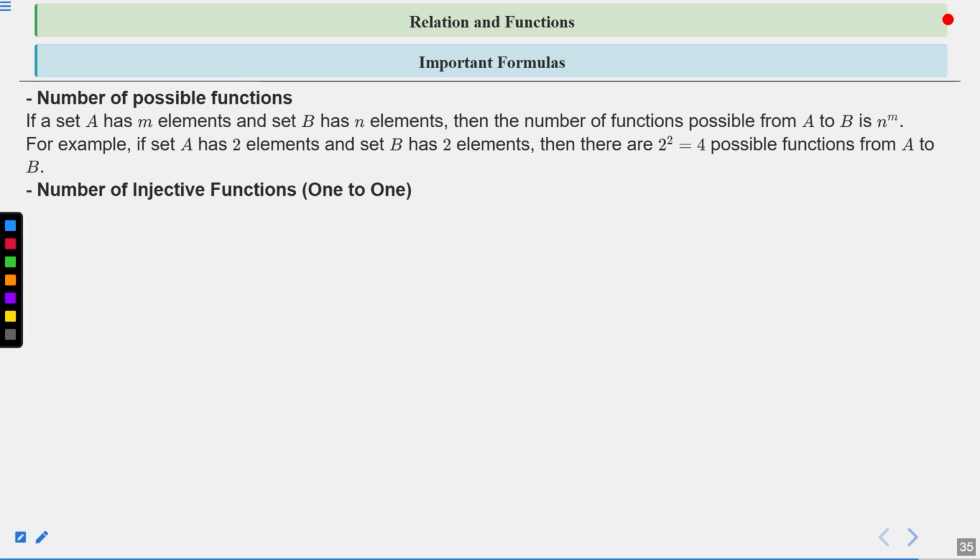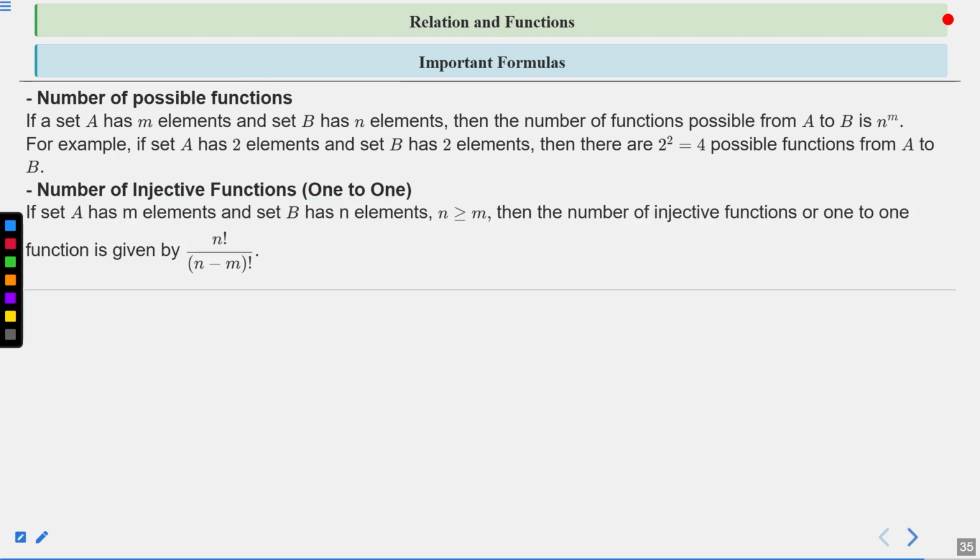Now, what about the injective functions? Number of injective functions, another term is 1-1. So the first condition must be that n is greater than or equal to m, meaning the number of elements in set A must be less than or equal to the number of elements in set B. Clear?